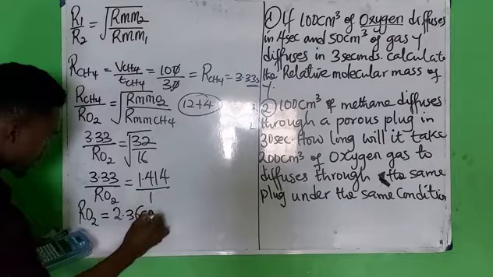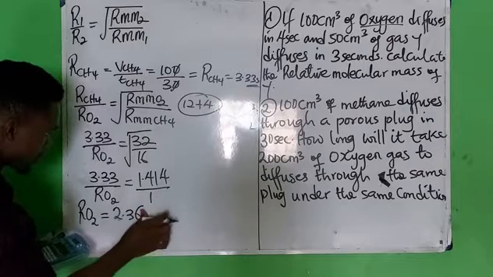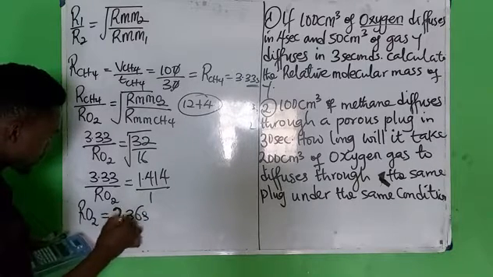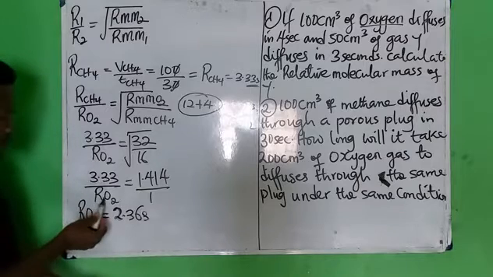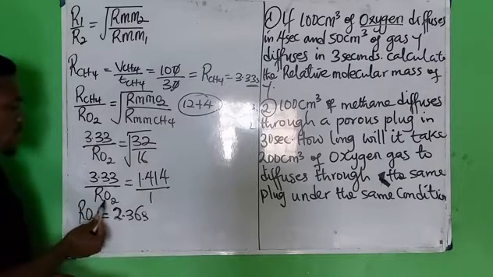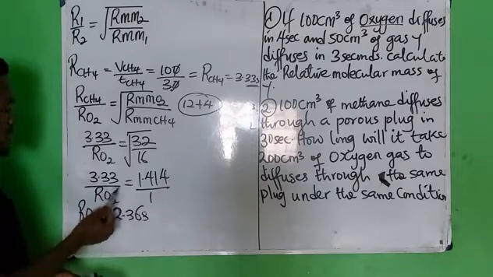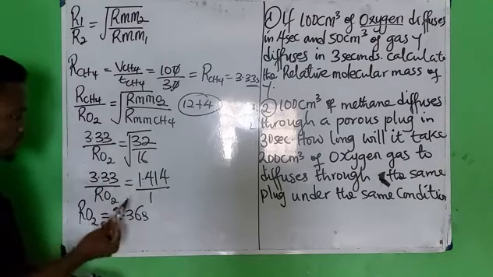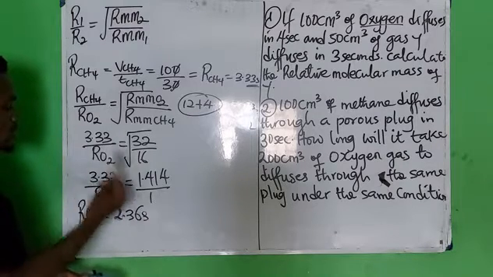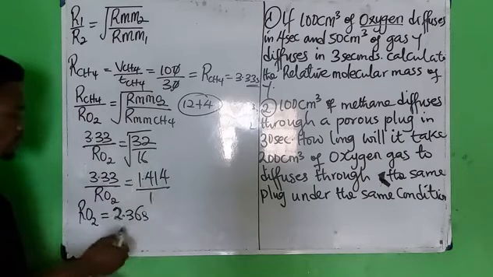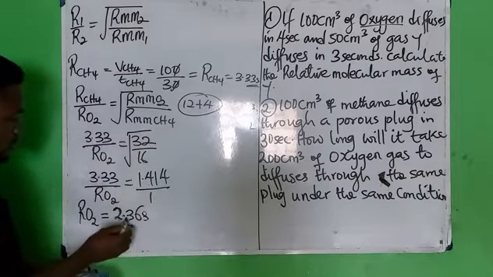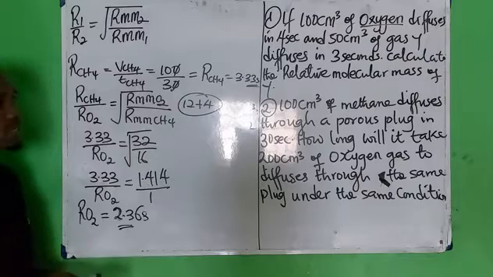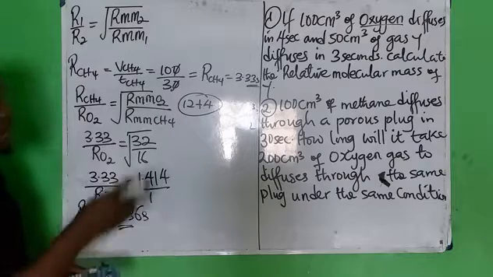Since you are making the rate of oxygen the subject of the formula, RO2 equals 3.33 divided by 1.414. You have the rate of oxygen. But that is not the final answer.